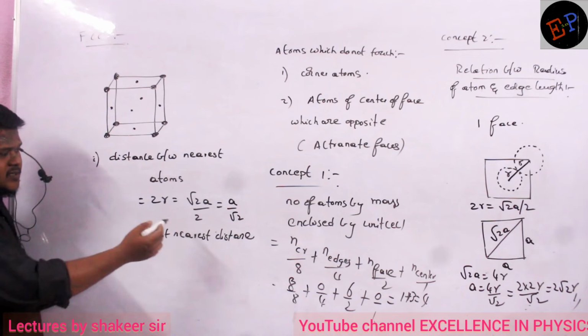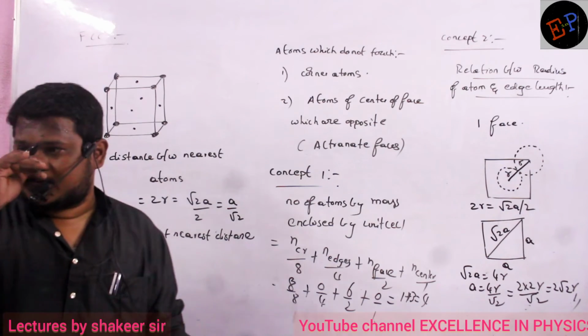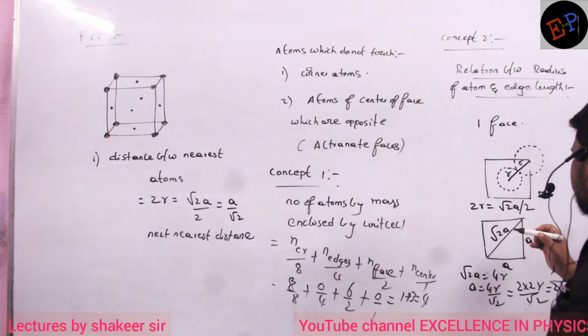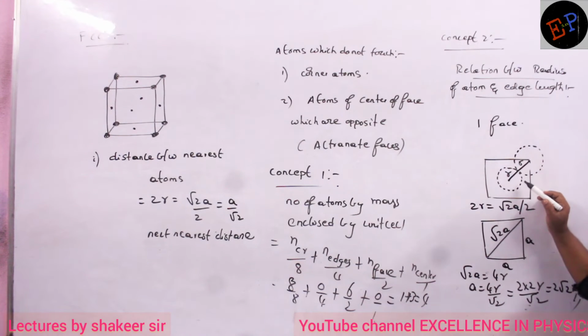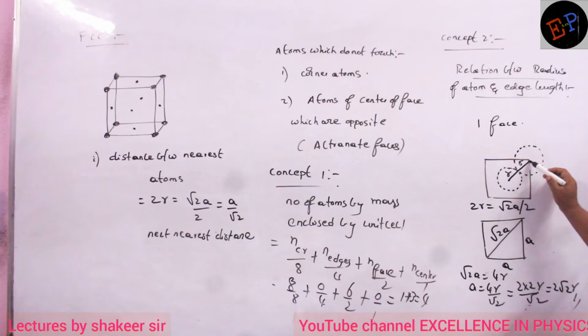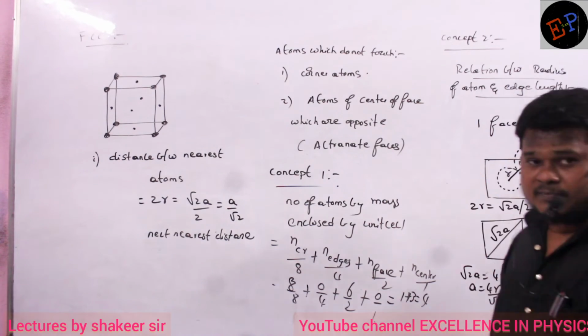Clear? The first nearest distance I have calculated, a by root 2. See, my first nearest distance is nothing but the atoms which are touching. For the next nearest distance, shall I take this atom and this atom, or directly the body diagonal? Which one shall I take?